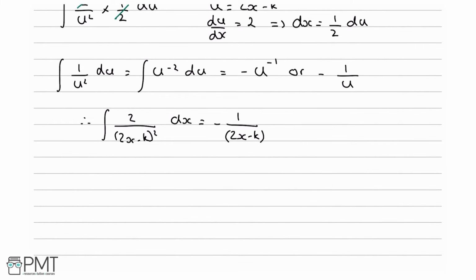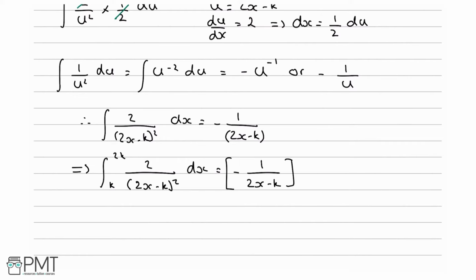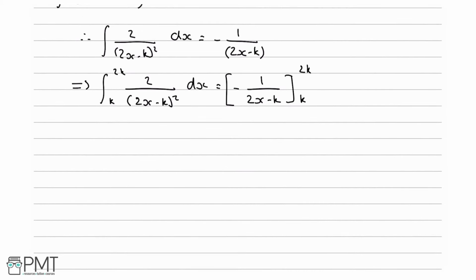Now what I'm going to do is I'm going to evaluate the integral with the limits. So we're going to say this implies that the integral from k to 2k of 2 over 2x minus k all squared with respect to x equals minus 1 over 2x minus k from 2k and k, like that. Now I'm going to plug in our 2k and k for our x.